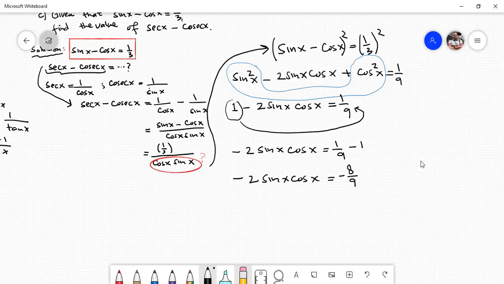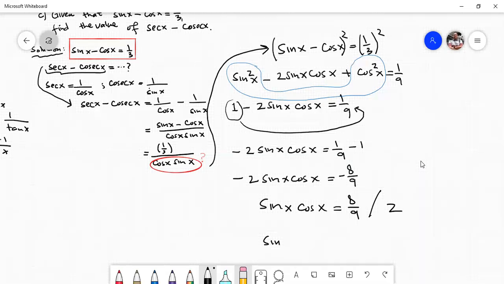And then sine x cosine x must be 8 over 9 divided by 2. So sine x cosine x equals 8 out of 18. Am I right?